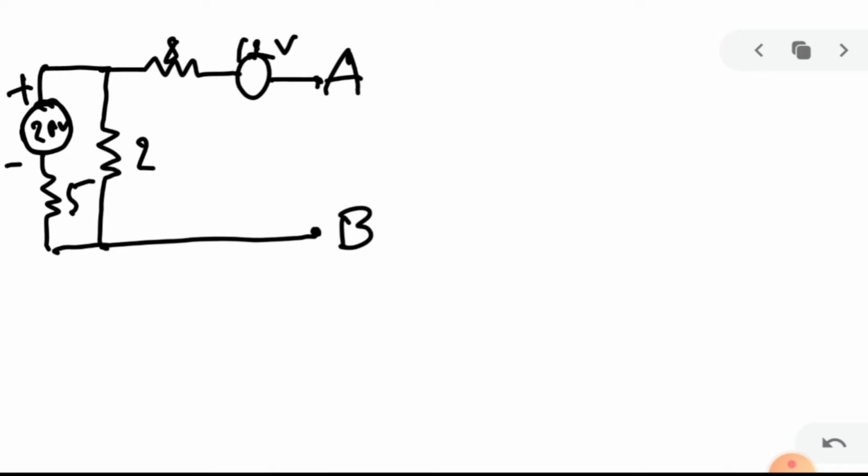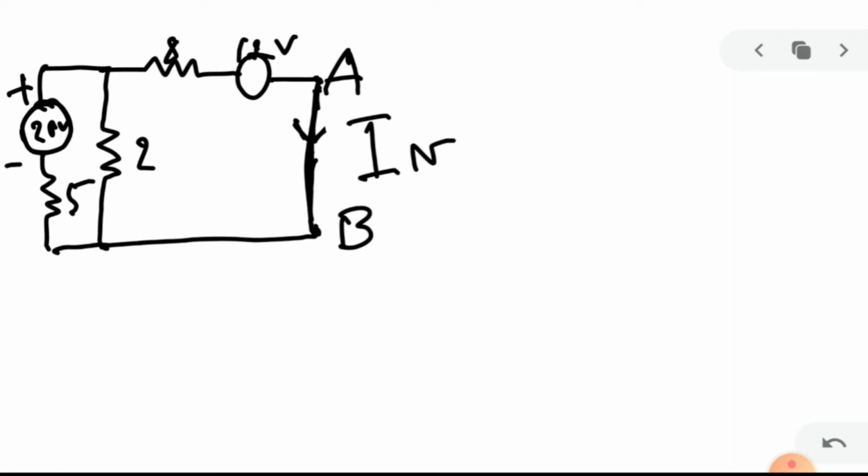So we need to connect the AB terminals by a short circuit, and through the short circuit the current IL passes, meaning IN, the Norton's current.